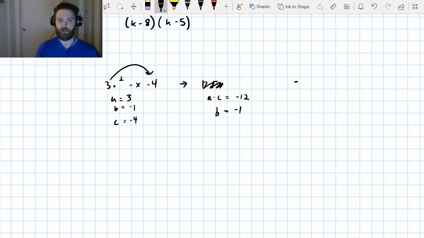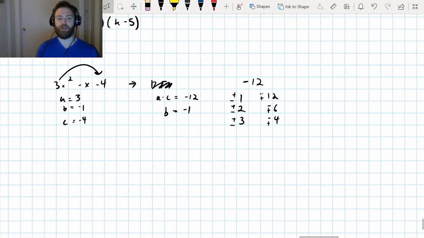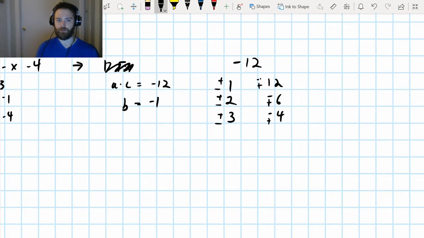So you're looking for factors of negative 12 that add to be negative 1. So if I go over here and look at factors of negative 12, I've got 1 and 12, 2 and 6, and then 3 and 4, okay? So I'm going to use this notation, plus minus, minus plus, plus minus, minus plus, plus minus, minus plus. And all that's going to mean is, in order to have a negative 12 multiply, the first two terms are going to have to be positive negative or negative positive.